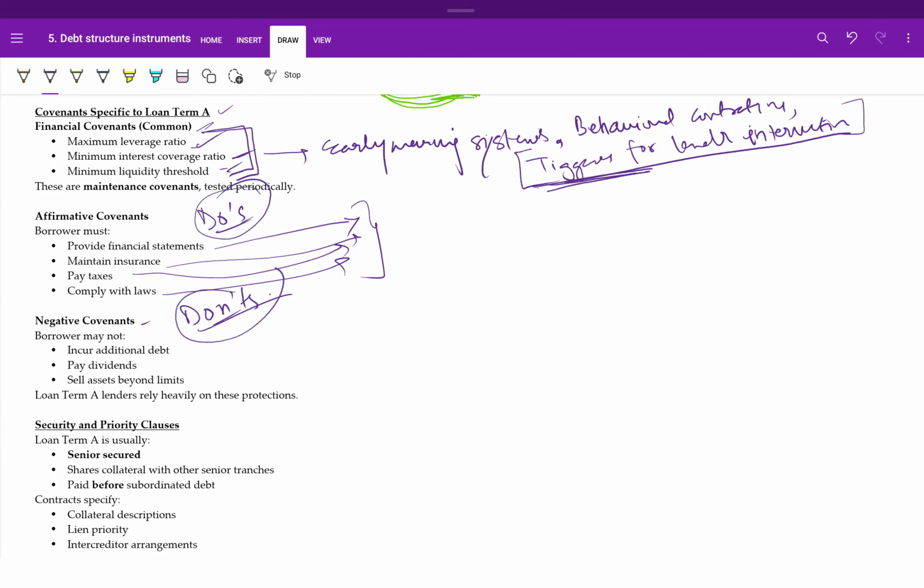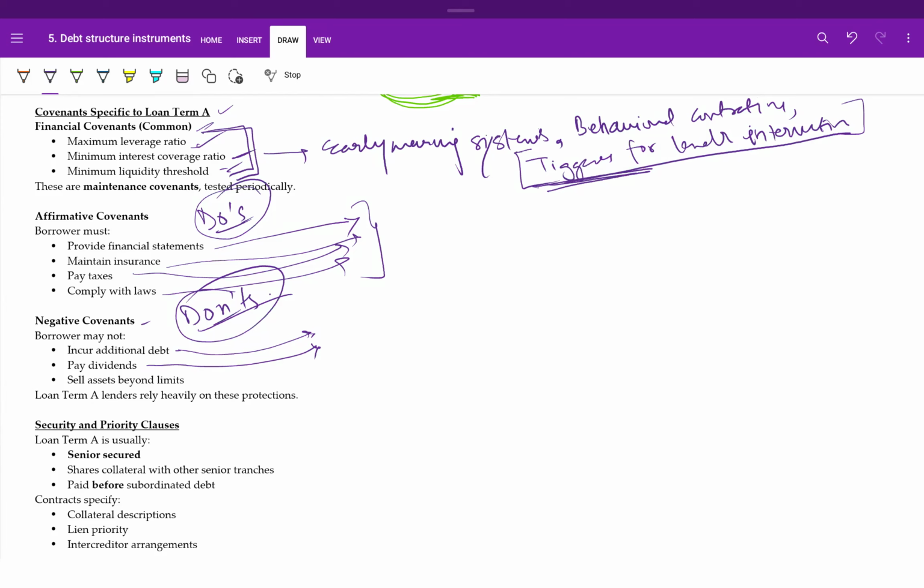Put simply, negative covenants prohibit the borrower from incurring additional debt. Since they already have debt, they cannot raise more debt based on these financials. They also prohibit paying dividends, because dividends are for the equity holders, and that makes sense.